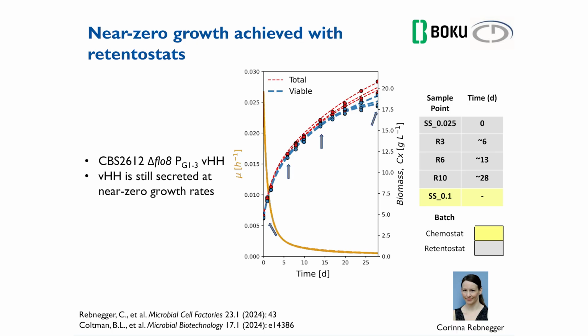And she was able to demonstrate that at very slow growth rates, and we're talking doubling times of 50 to 60 days, there is still active VHH secretion and production. As part of the study, she also looked at biomass compositions, which I was able to use in constraint-based methods to understand how metabolic fluxes change at these slow growth rates.